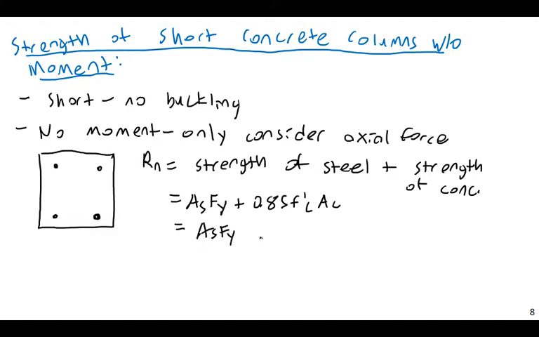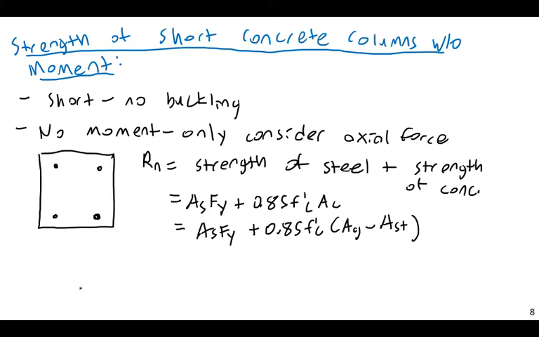The area of the concrete is fairly simple: it's just the gross area of the section minus the area of the steel. So 0.85 F prime C times the gross area minus the area of the steel.